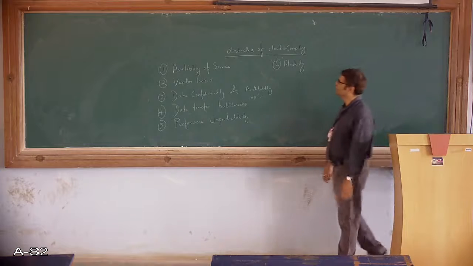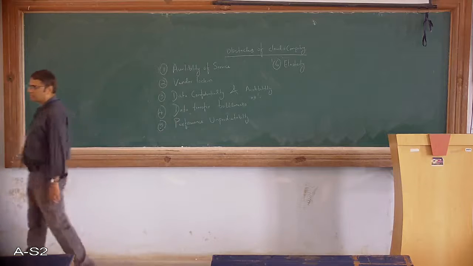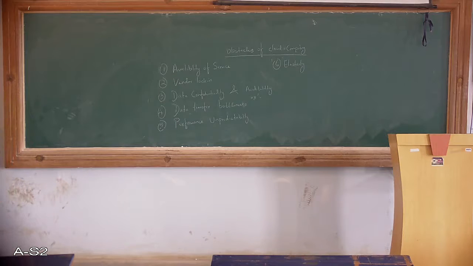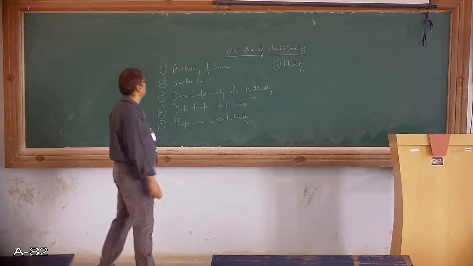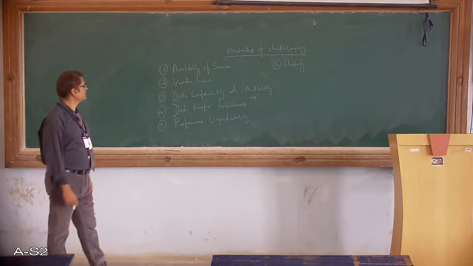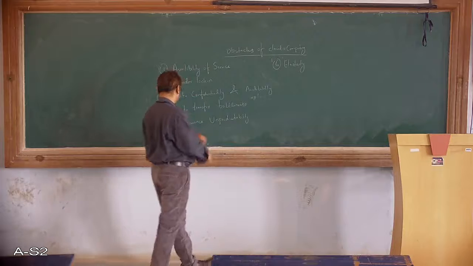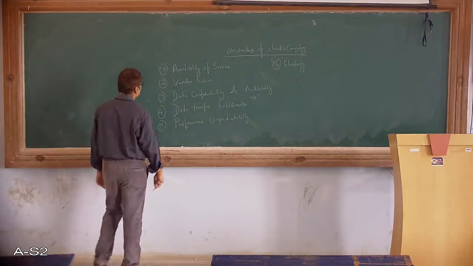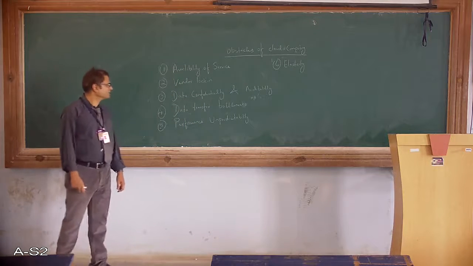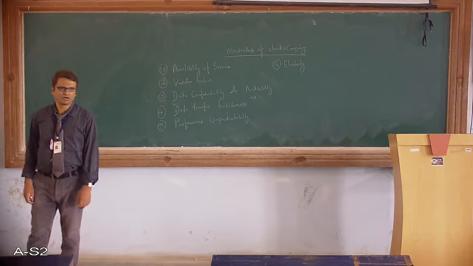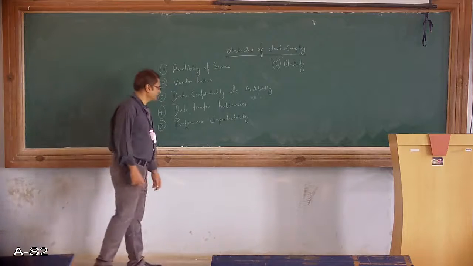So you can just take down these obstacles of cloud computing. That is, first one is the availability of service. The second one is vendor lock-in. The third one is data confidentiality and auditability.